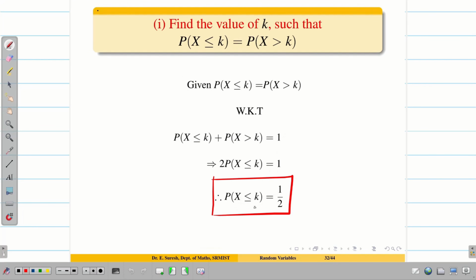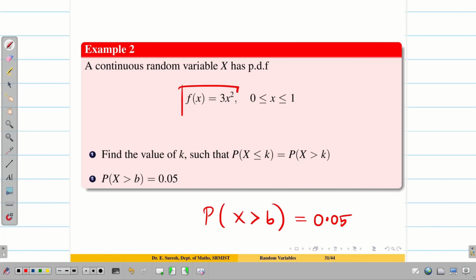Next, we are going to find the k value. When we say probability of x less than or equal to k, the formula is the integral from minus infinity to k of f of x dx. According to the problem, that is equal to 1 by 2. But our function f of x lies between 0 and 1. Therefore, my lower limit is 0 and my upper limit is k.